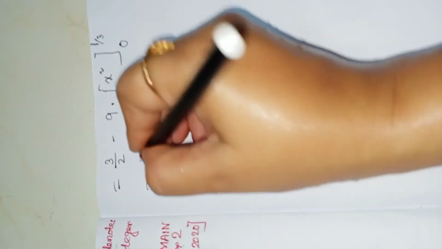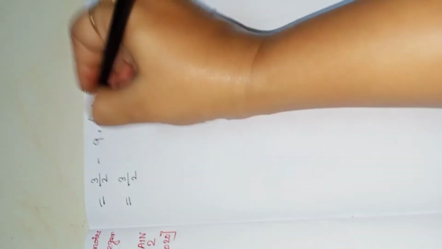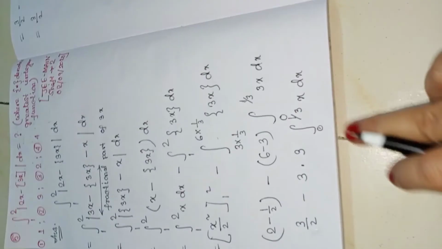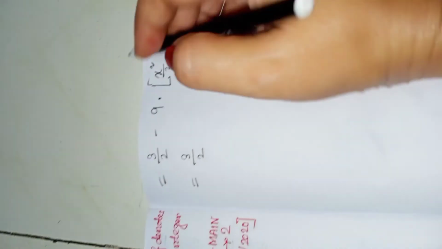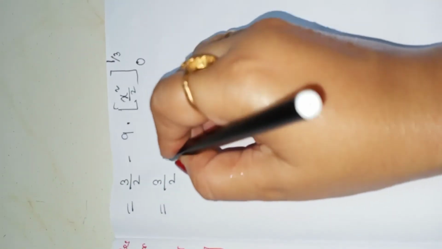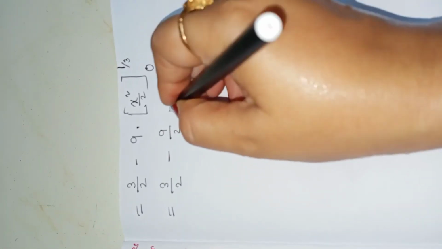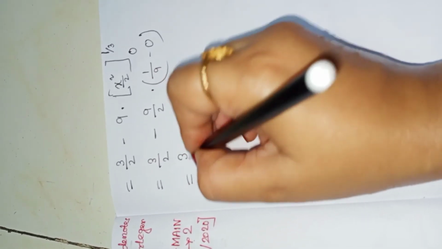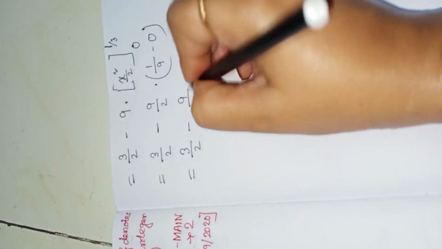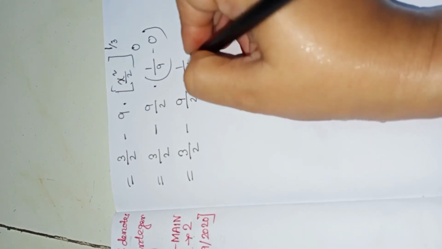Calculating this, the integration of x is x square by 2, so it is 9 by 2 into 1 by 9 minus 0, putting the limits. So it becomes 3 by 2 minus 9 by 2 into 1 by 9.